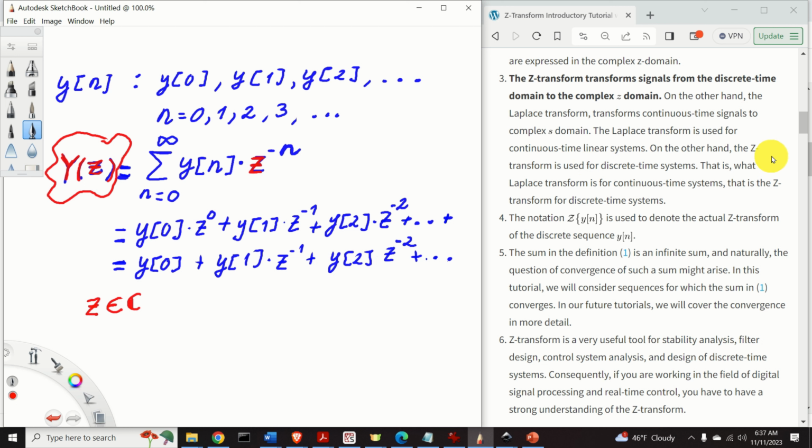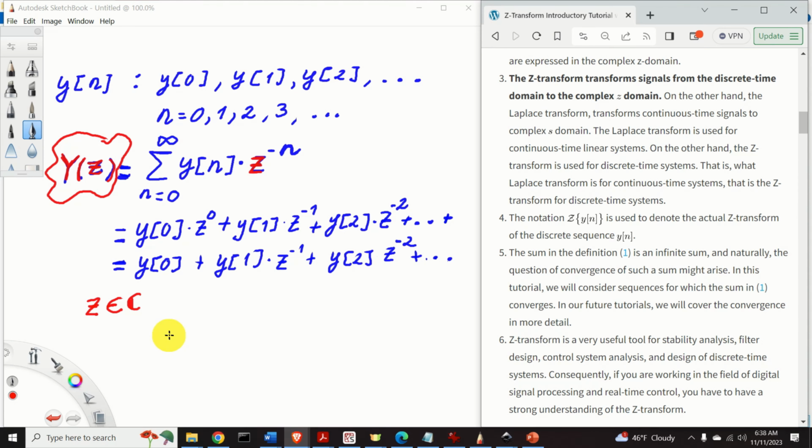On the other hand, the Laplace transform transforms continuous time signals to the complex s-domain. The Laplace transform is used for continuous time linear systems. On the other hand, the Z-transform is used for discrete time systems. That is, what the Laplace transform is for continuous time systems, the Z-transform is for discrete time systems.